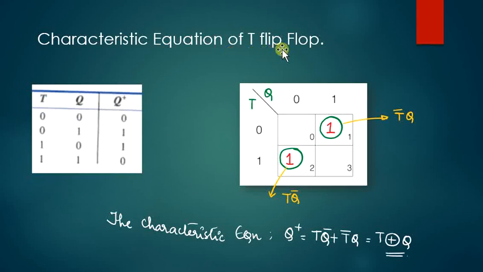Next is the characteristic equation of the T flip-flop. Again, I have two variables T and Q, and the min terms are obtained for a combination of 0 1 and 1 0.